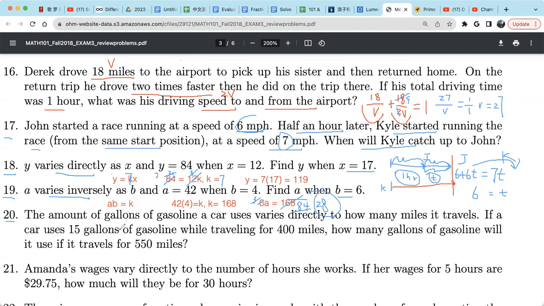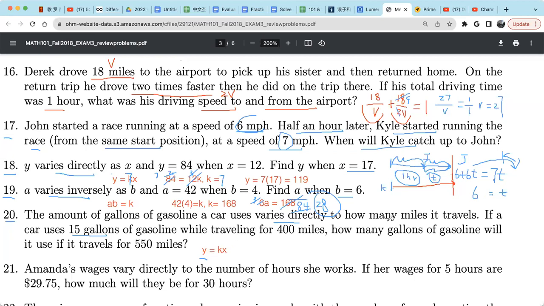Let's see, 20. The amount of gallons of gasoline a car uses varies directly again. Y equals kx formula, use this formula. So y is the amount of gasoline, right?